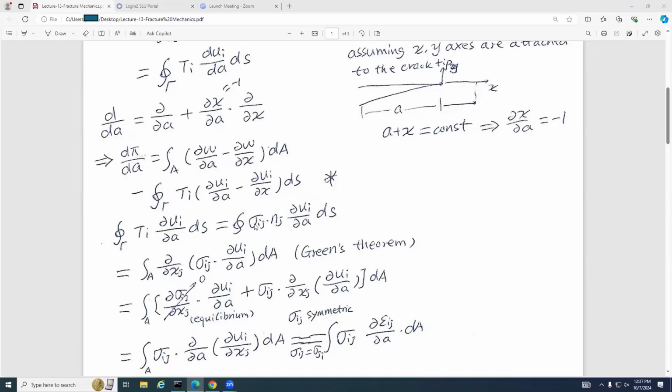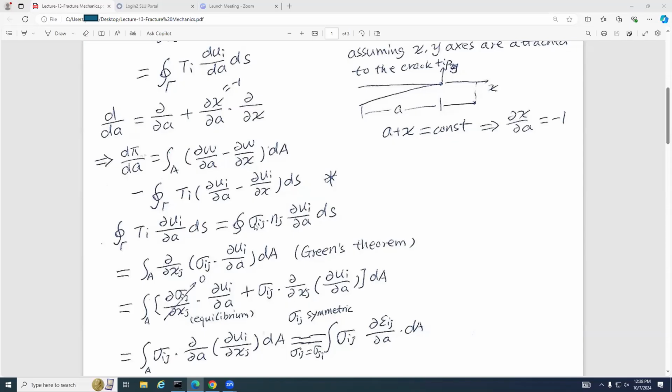After we get here, we take the partial derivative of the multiplication of these two guys with respect to xj, and we will have this guy, d sigma ij dxj, multiplied by dui dA, then plus copy this guy and do the derivative of this guy with respect to xj, so we have d dxj dui dA.